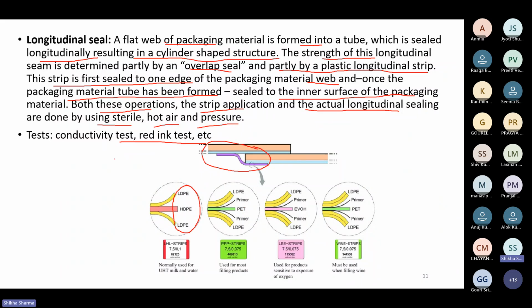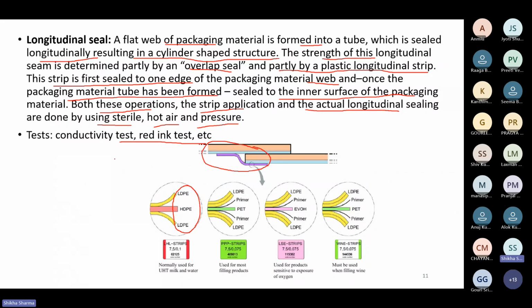Also, these seals can be tested using the conductivity test and the leaking test. In the leaking test, what is usually done is that red ink is put on the seal, and after 5 minutes all the red ink is taken out.